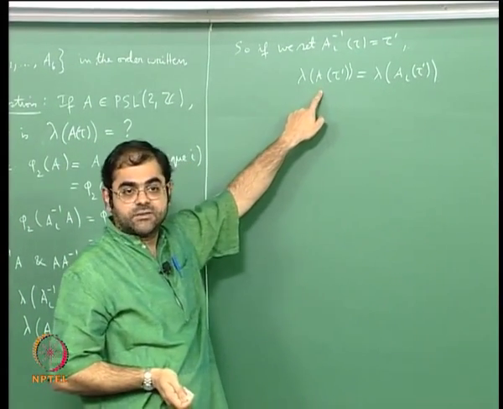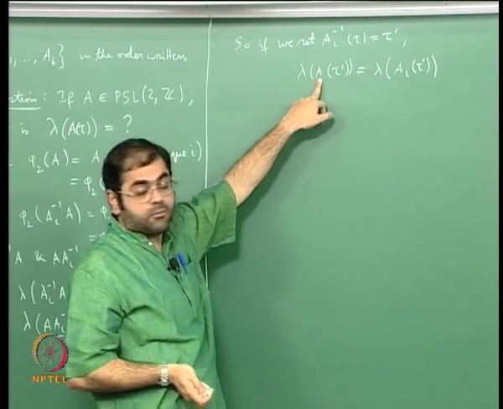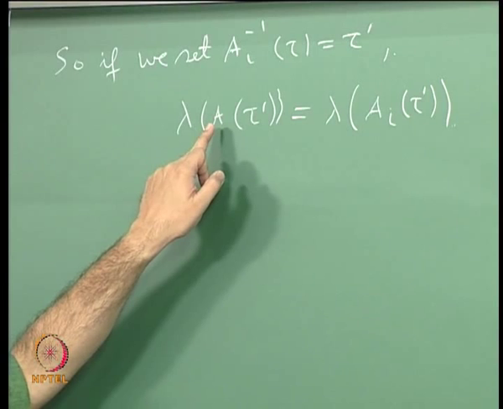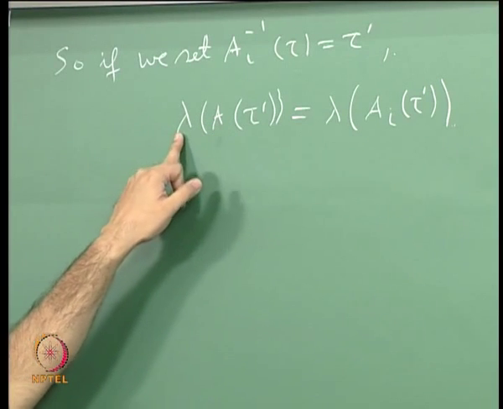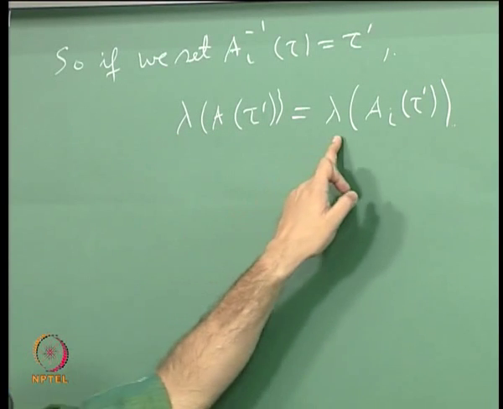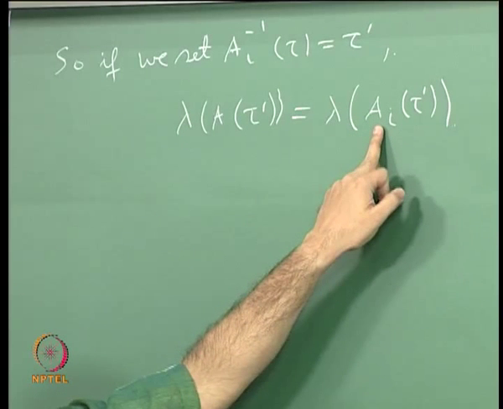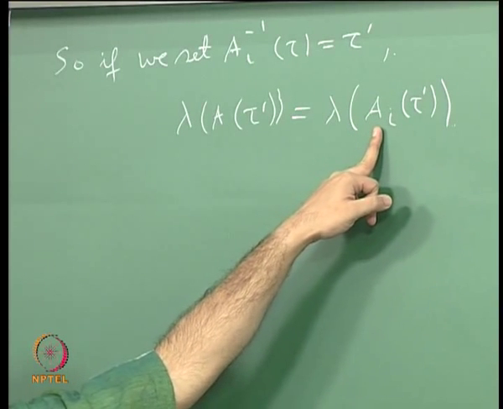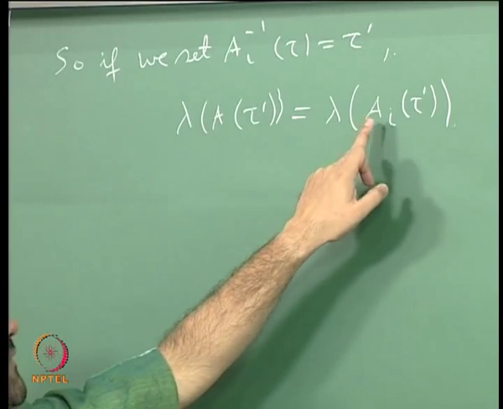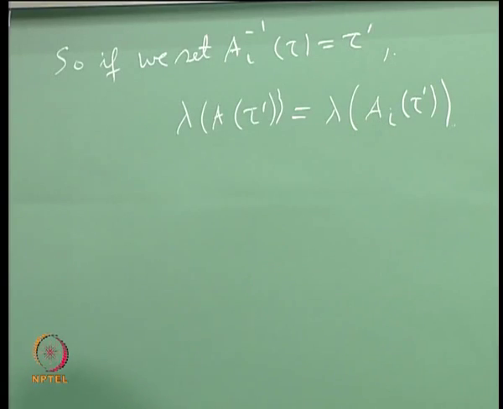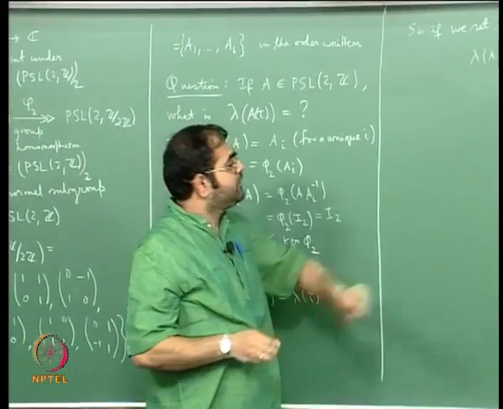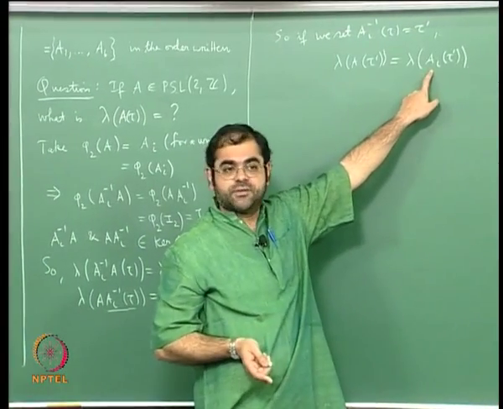What this equation tells you is that if you want to compute the effect of an element A on lambda, it is enough to read that element mod 2 and compute the effect of that on lambda. That is all it says.